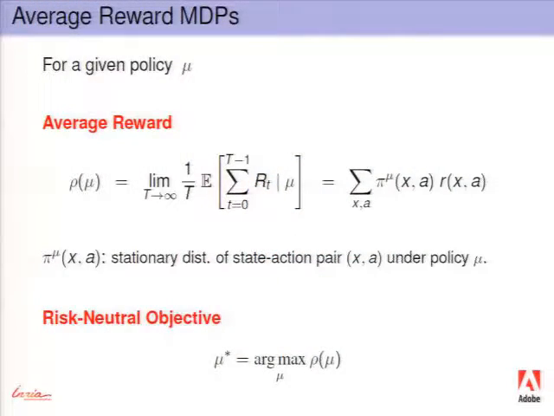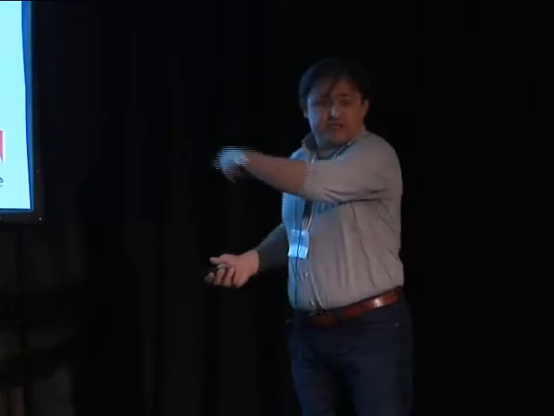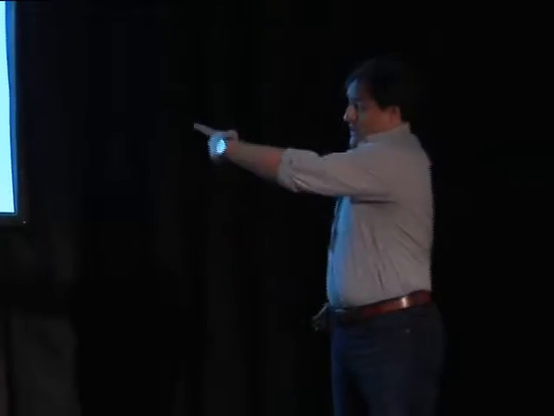And again, here the risk neutral or standard objective is to find a strategy that maximizes the reward per step. From the literature, we know that for both discounted and average reward, these optimization problems have a stationary Markov and even deterministic policy, and we have a repertoire of algorithms in order to exactly or approximately find these policies, both in average and discounted settings.